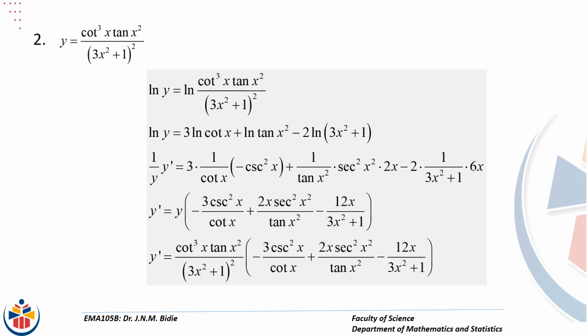We've got ln y equal to ln of the whole expression on the right hand side. And then the next step is the simplification of the right hand side. So we still have ln y on the left, equal to 3 ln cot x plus ln of tan x squared, minus 2 ln of 3x squared plus 1.